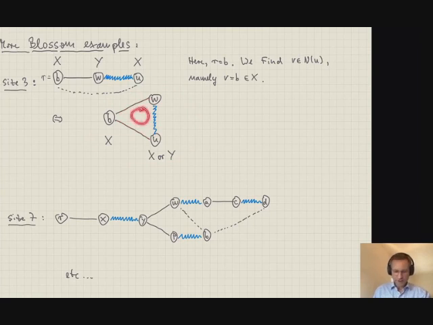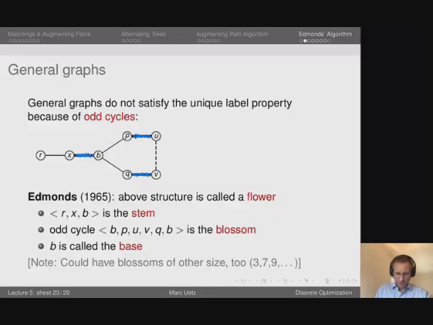So it's an odd length cycle and it contains precisely 1 matching edge. If we go back, we see also that we have here an odd length cycle of length 5, and it contains precisely 2 matching edges, which, by the way, is also the maximum number of matching edges that could be present in an odd length cycle.